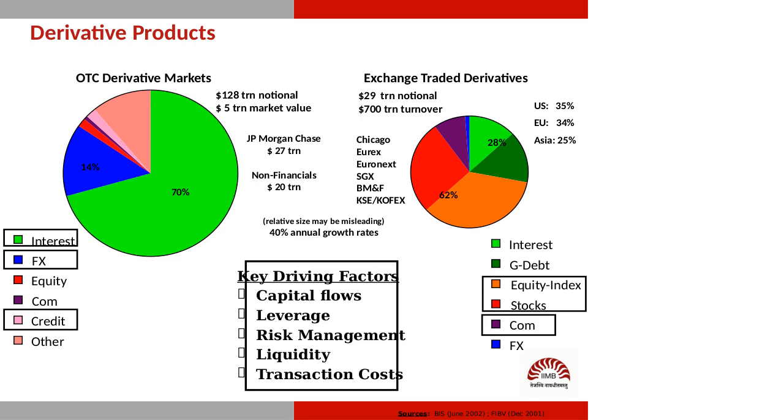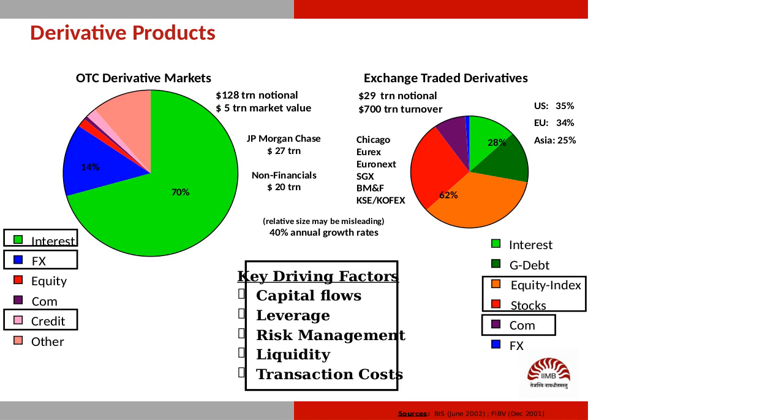The color codes on both sides tell you what the underlying products are. In the OTC market, approximately 70% of the market is covered by interest rate products. Equity covers a very small proportion. FX takes care of about 14%. So between foreign exchange and interest rate, it covers close to 84% of the OTC market.